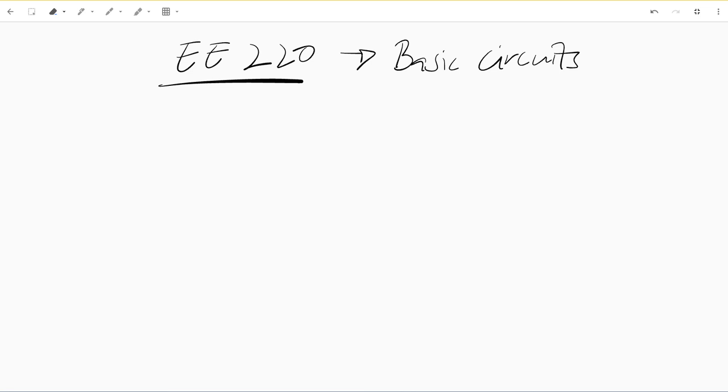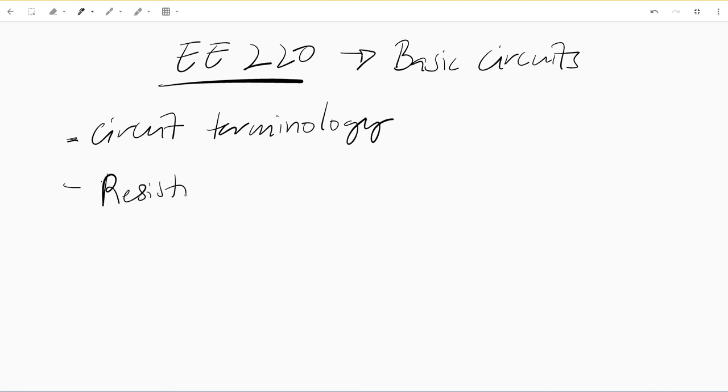At most universities, what we're going to talk about in this course is circuit terminology. Then we're going to dive into resistive circuits. And then we're going to talk about analysis techniques.